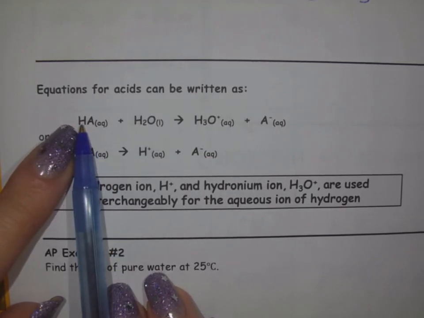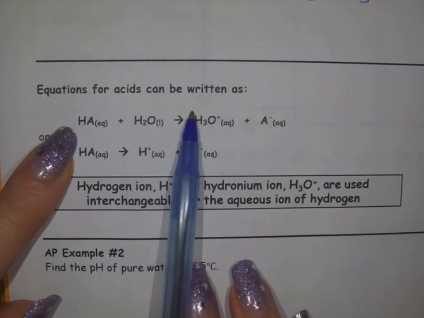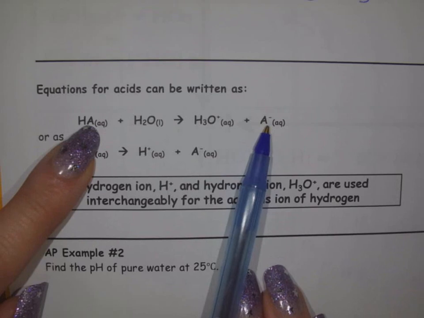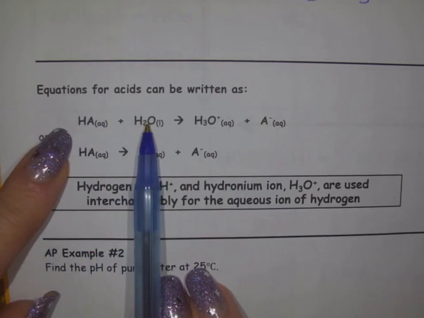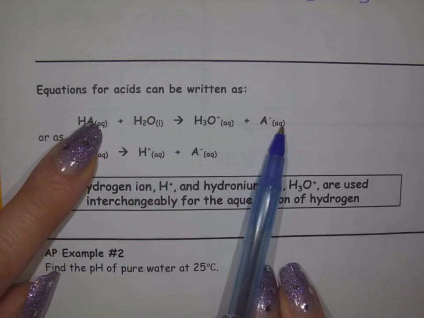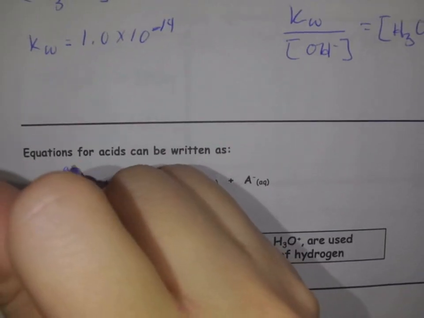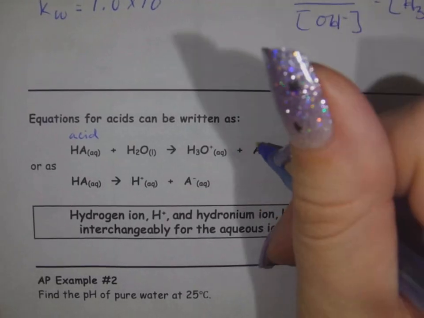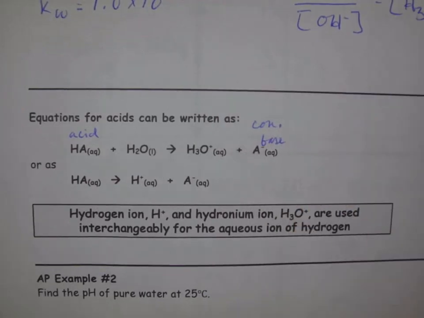If the acid loses the hydrogen to the water, then the water becomes hydronium, and we're left with an A-. Okay? So if the H+ is given to the water, then we're left with an A-. Just a reminder that this is a conjugate as well. So if this is the acid, acids lose a hydrogen, then this is its conjugate base.